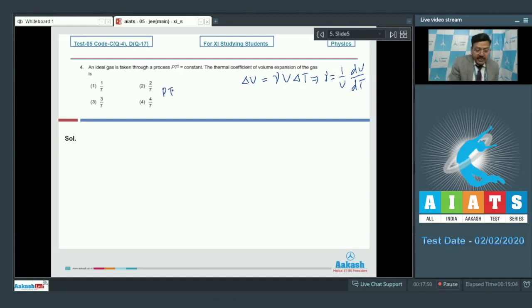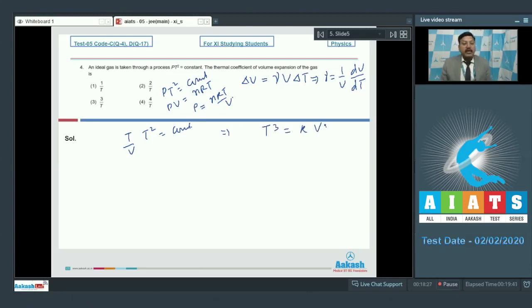So we have Pt square is a constant, and let's use PV is equal to nRT and replace P because we want our expression in terms of V and T. So that means P can be substituted as nRT by V, and if we do that in the first equation, then we have T by V into T square is equal to a constant, and that means we have T cube is equal to some constant K into V.